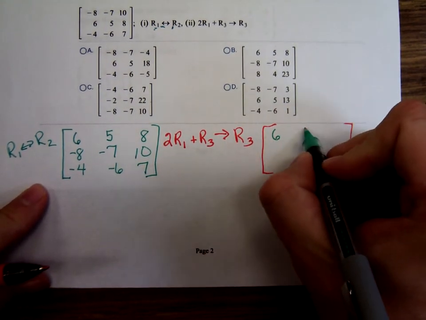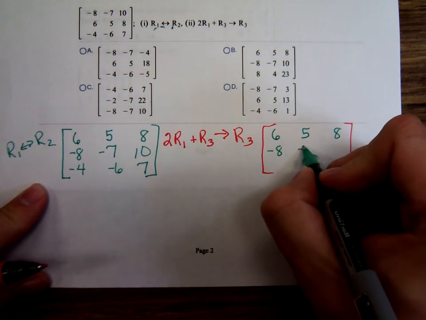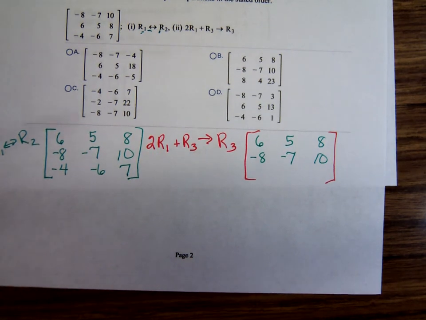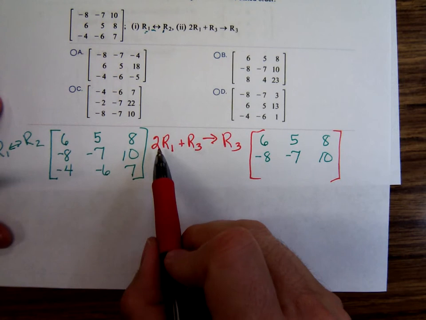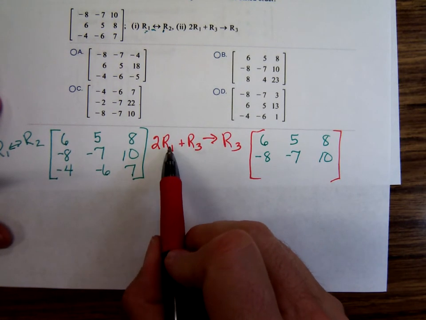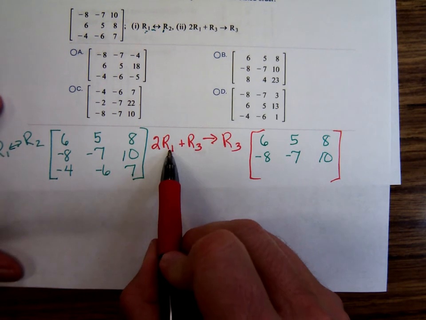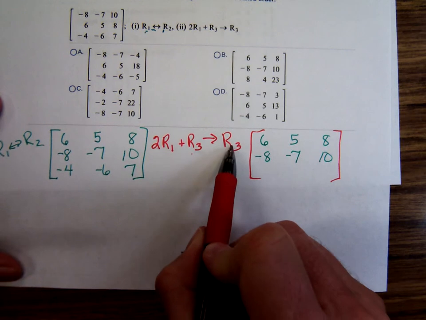I'll recopy rows 1 and 2. And now, this notation says multiply row 1 by 2, add it to row 3, and that'll be your new row 3.